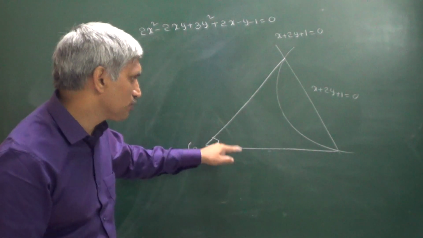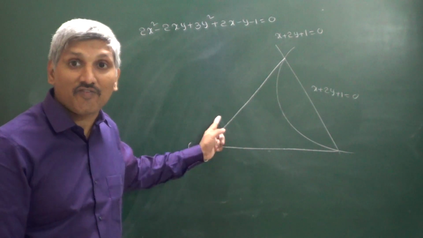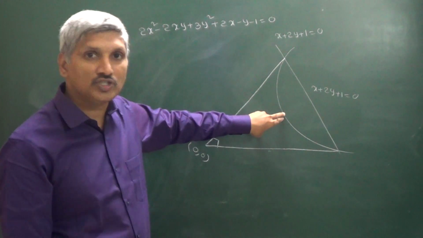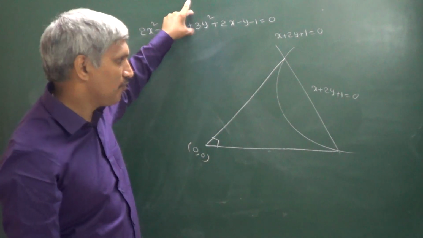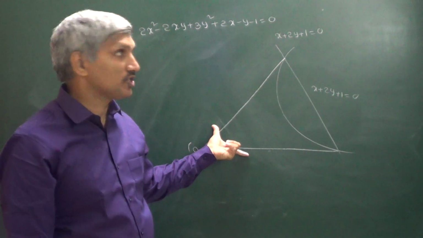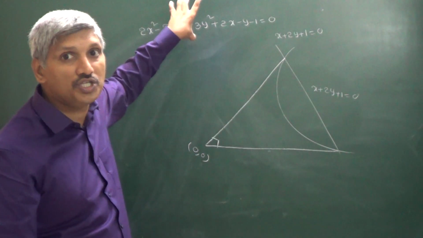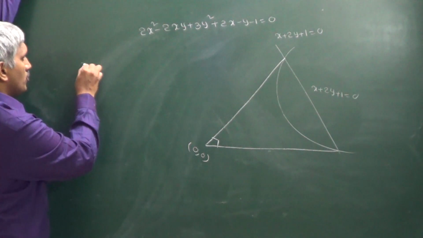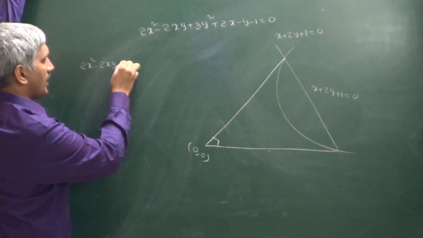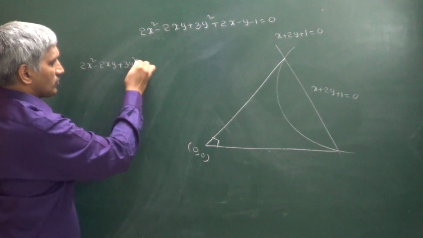So what to do? We have to find out these two lines. For finding these two lines, we have to do the homogenization. The non-homogeneous equation given, with the help of this line, we have to convert into a homogeneous equation. How to convert this into a homogeneous equation? 2x square minus 2xy plus 3y square.